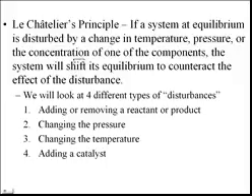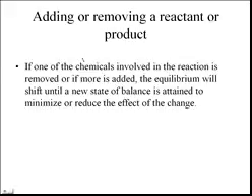Will it cause a shift to occur or not? So the first one, if you add or remove a reactant or a product. So we've got one of the chemicals that's involved in the reaction. Let's say you take some away or you add some, the equilibrium is going to shift until you've got a new state of balance.